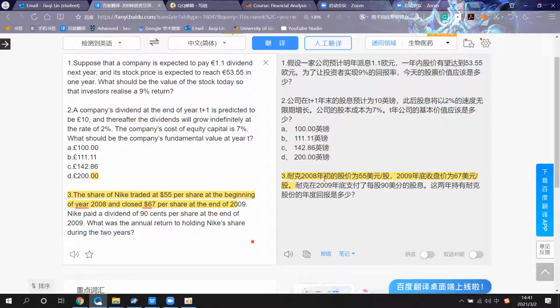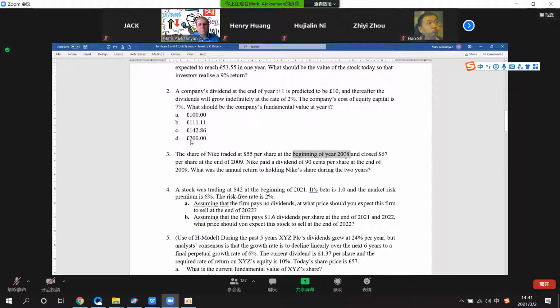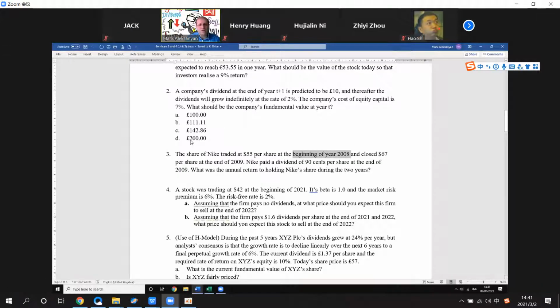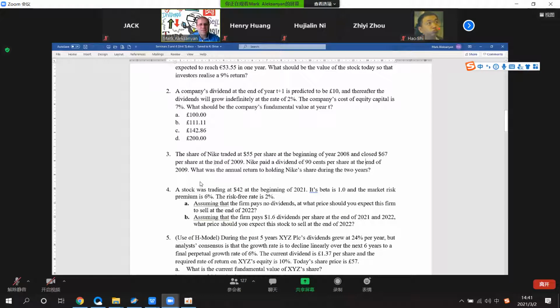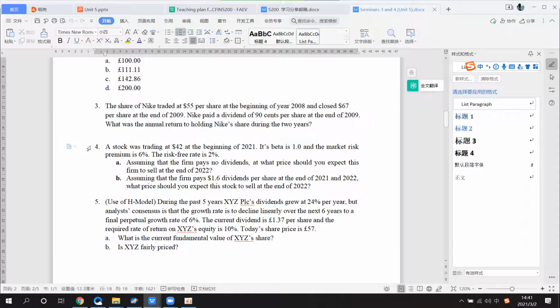The share of Nike traded at $55 per share at the beginning of year 2008. Particular attention should be paid to this: it's the beginning of 2008, so the start of the year. And the shares closed at $67 at the end of 2009. How many years apart do we have here? Start of year 2008 and end of year 2009.